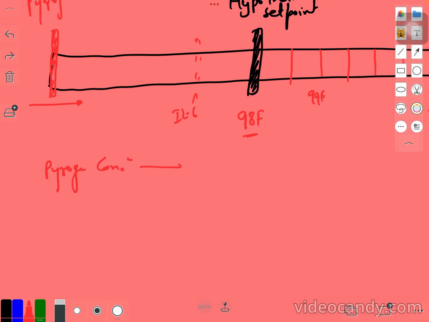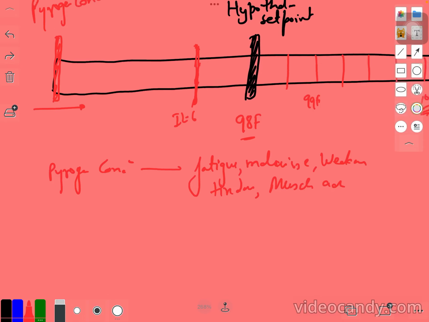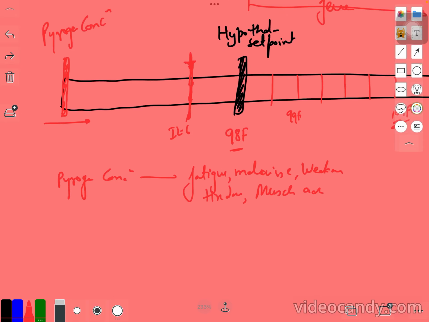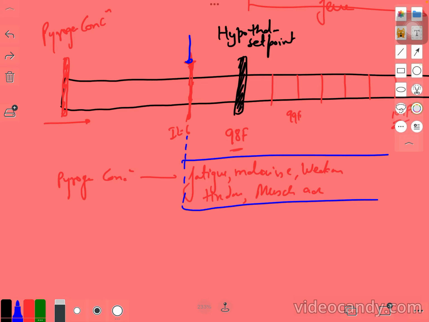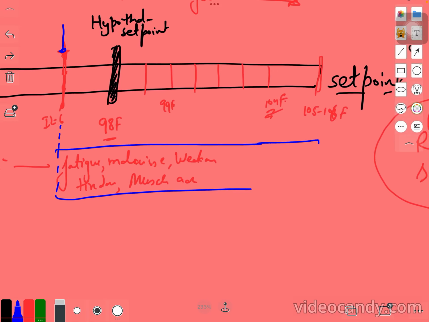After a certain point, let's say this point over here, the patient will start to experience fatigue, malaise, weakness, tiredness, and muscle aches. At this particular level all of this starts, and it continues until over here.